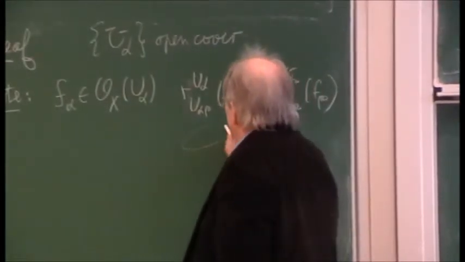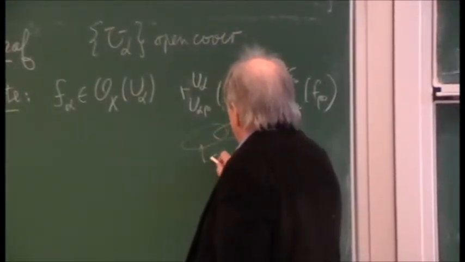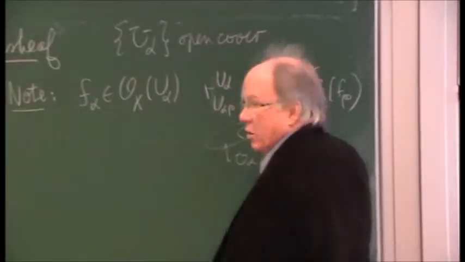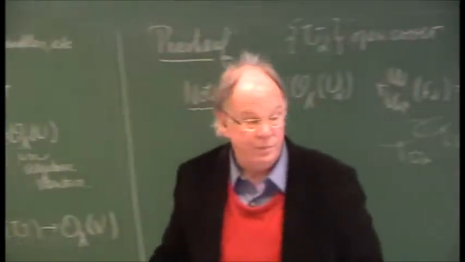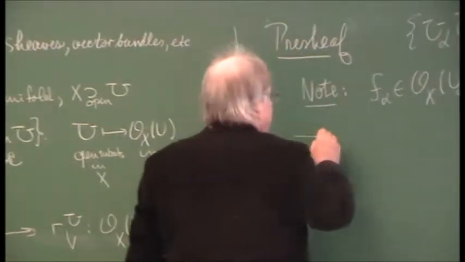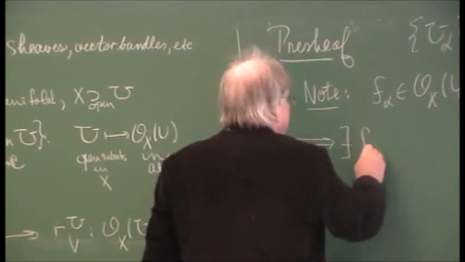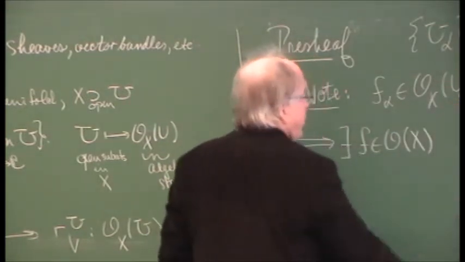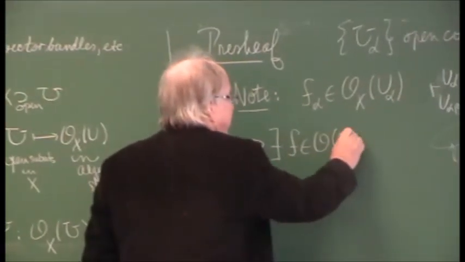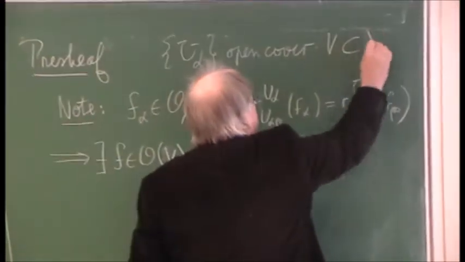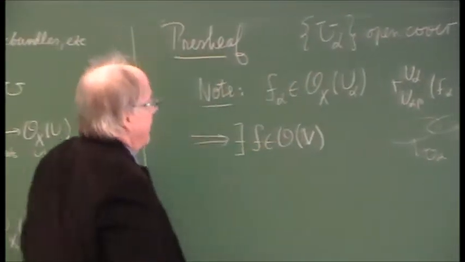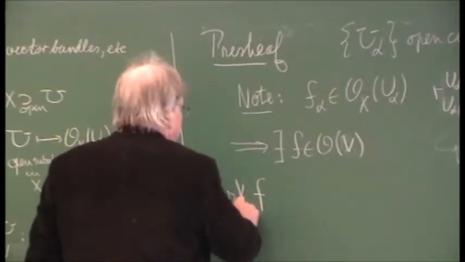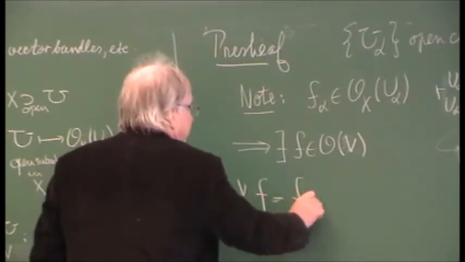Right. So you have to draw a picture so you know what you're doing. This is U alpha and this is U beta. And if you have such a covering so that this is always true, then there is a unique global function f in OX(V), where V is any open set, so that the restriction of f from V to U alpha is equal to f alpha.